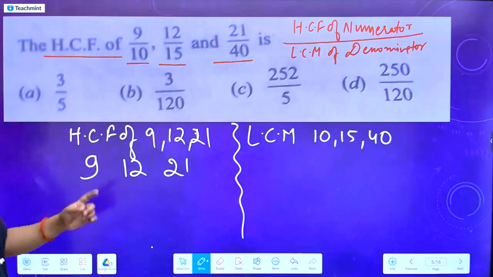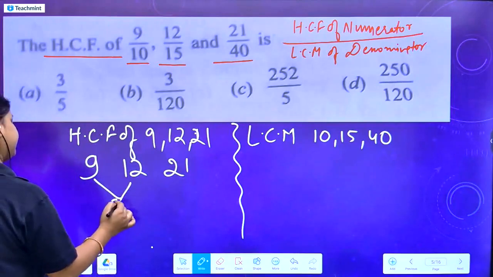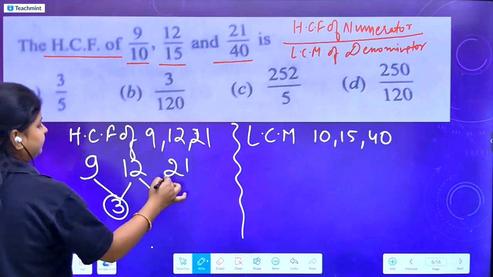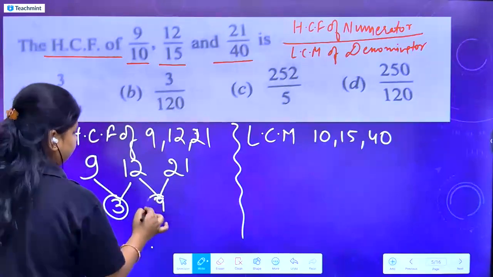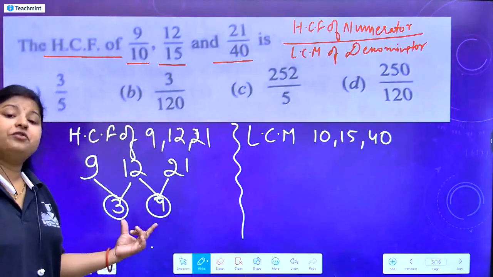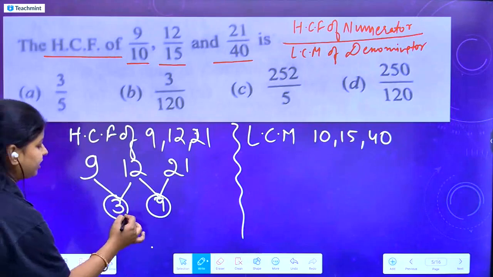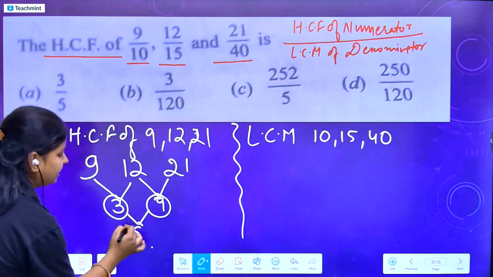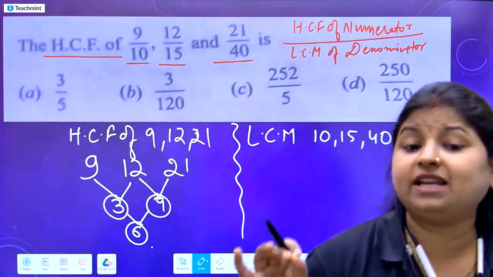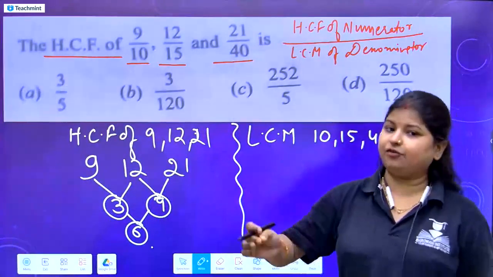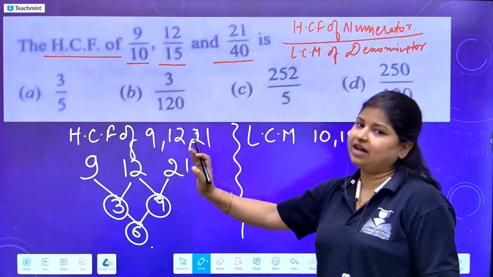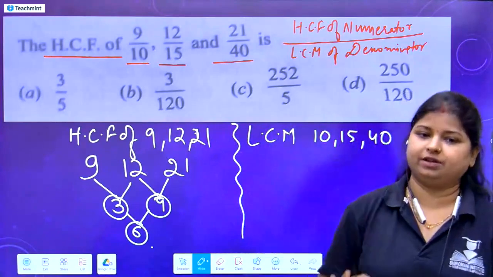The difference between 9 and 12 is 3. The difference between 12 and 21 is 9. Now, because the differences are different, we will calculate further. So the difference of 9 and 3 is 6. 6 can be my HCF if that 6 divides all the three numbers.